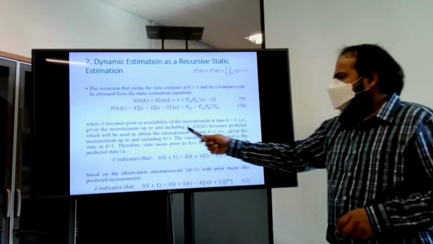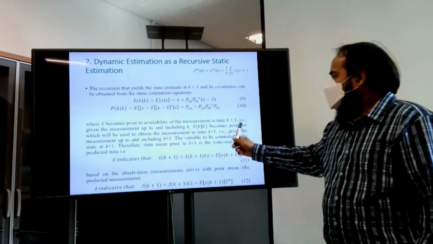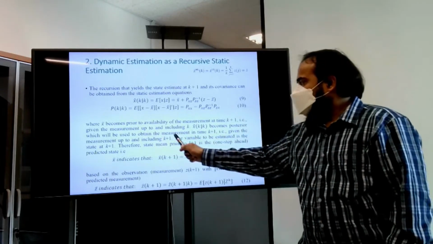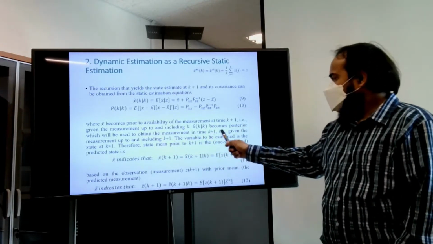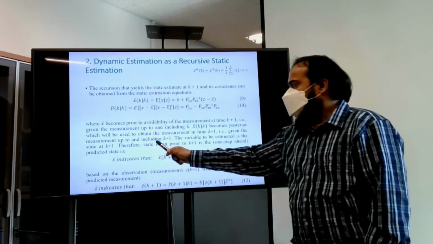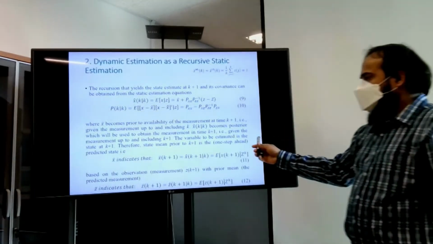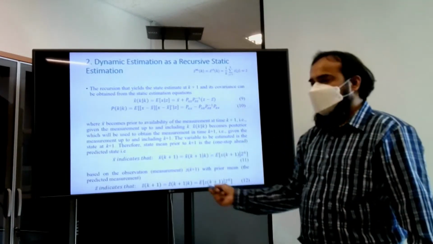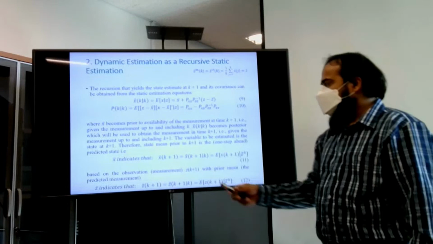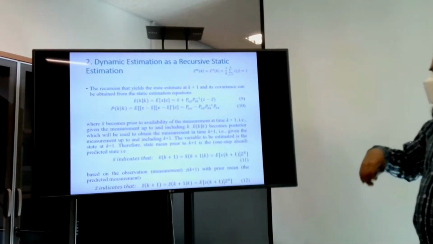And given the measurement up to including time k plus 1. So the posterior will be used to obtain the measurement in k plus 1, which means that it will be given the measurement up to and including k plus 1. The variable to be estimated is the state at k plus 1. Therefore, the state mean prior to k plus 1 is called the one step ahead.